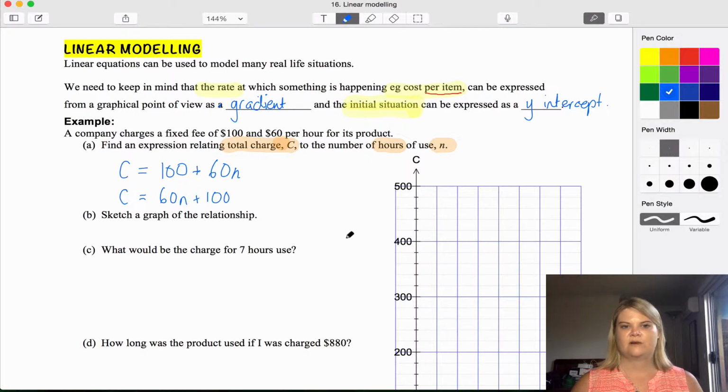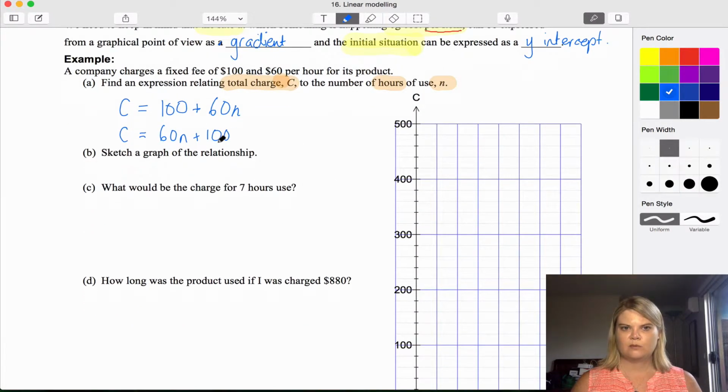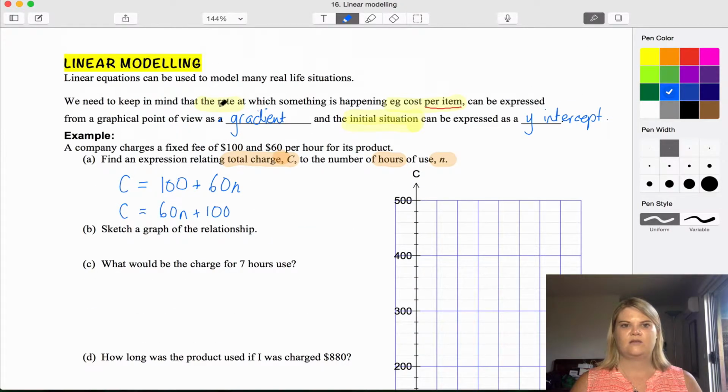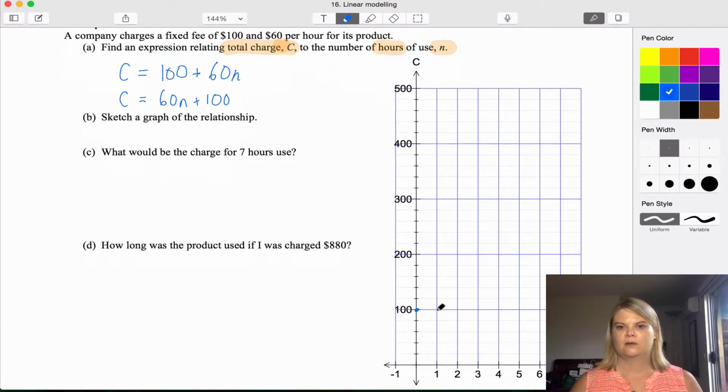Part B, sketch a graph of the relationship. The y-intercept is going to be 100 and the gradient is 60. Remember up here we said the rate is the gradient. So we can start here and I would be using the gradient.